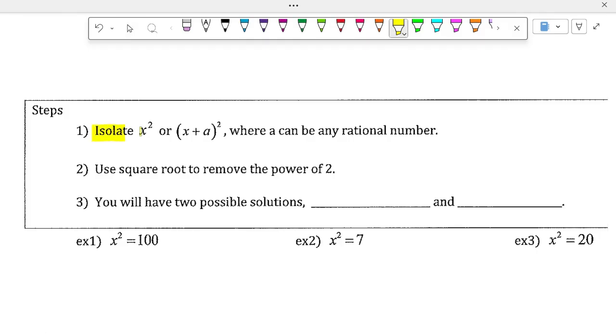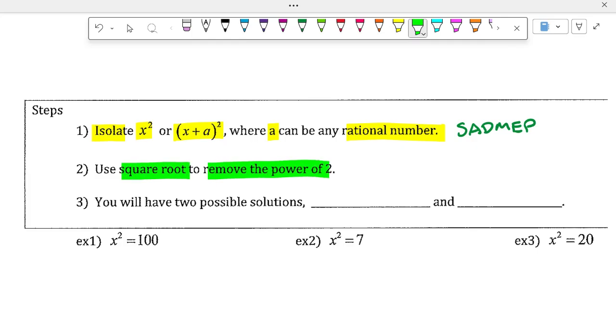So you've got to isolate the x squared or the parentheses that's being squared, where a can be any rational number. So remember, you're doing that through SADMEP. Once you get the x squared isolated, you can take the square root to get rid of the square.